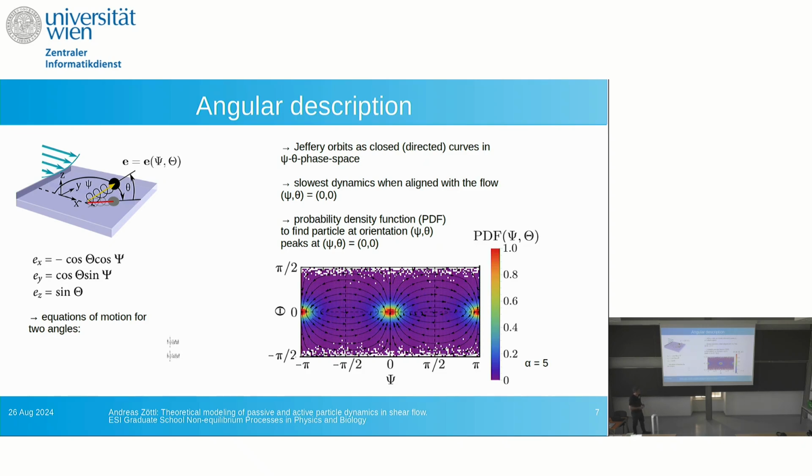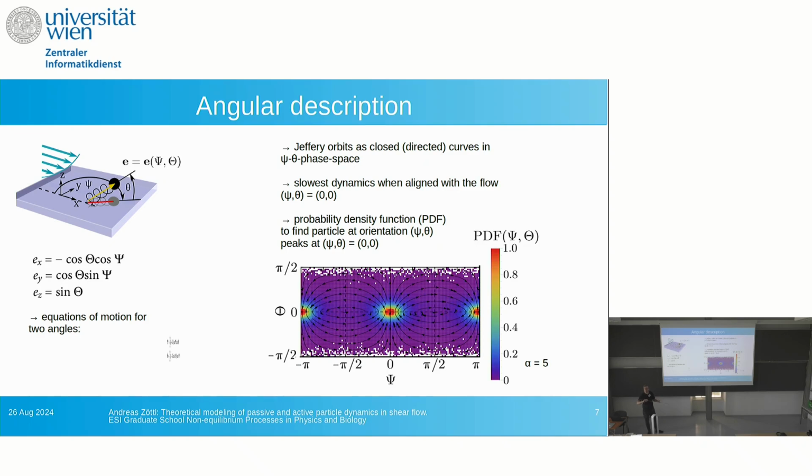You could also solve the Fokker-Planck equation if you like. That's equivalent and maybe a cleaner plot. But when you do these deterministic equations of motion and measure how many times you find a particle in a certain bin, you see a peak at psi equals 0 and theta equals 0, or at pi, which means that there is a high probability to find the particle aligned with the flow lines.